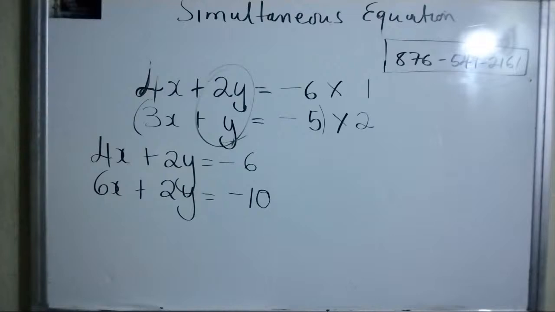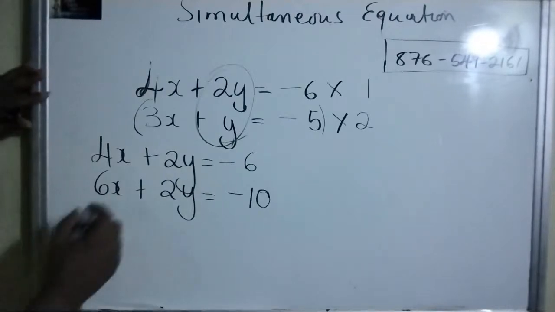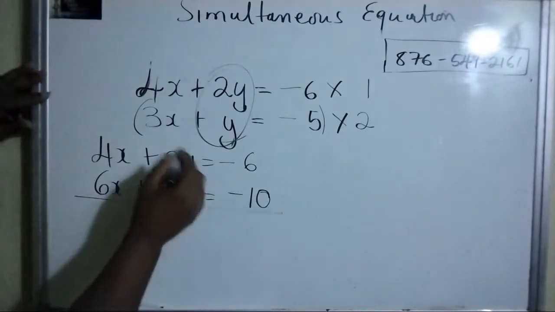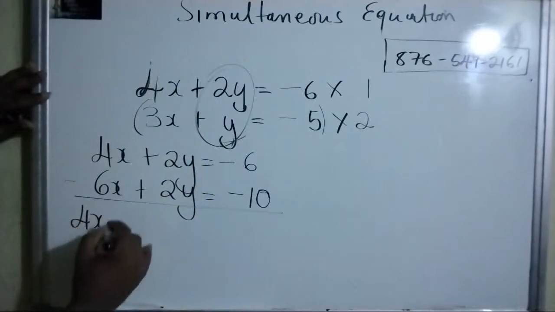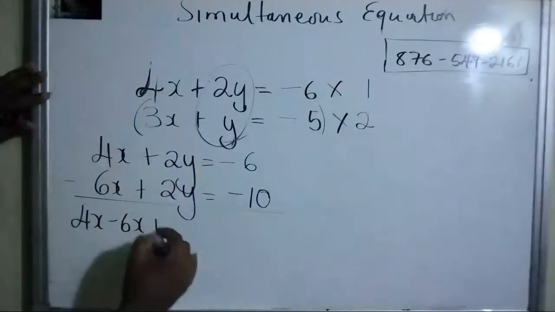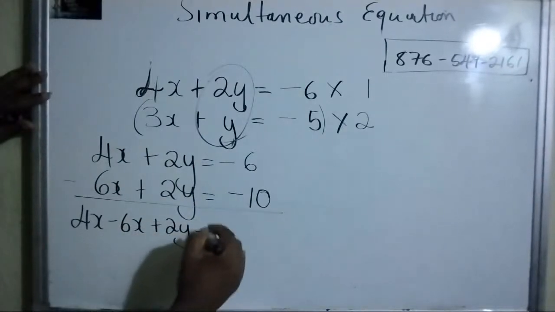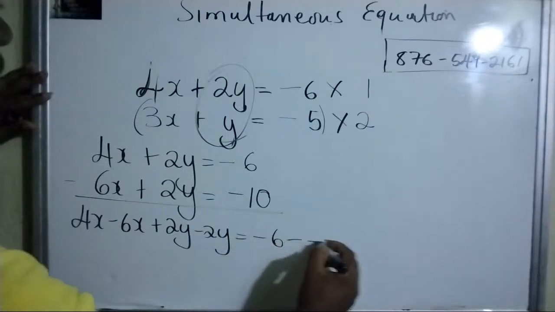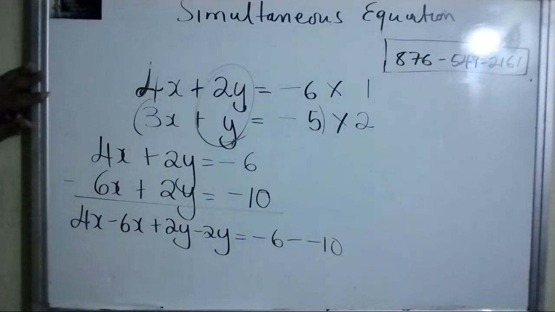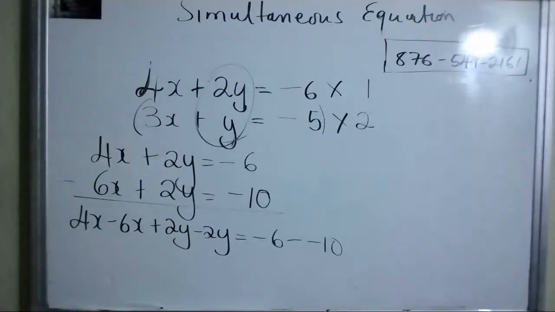And then now we can subtract, because these are the same. So we have 4x minus 6x plus 2y minus 2y is equal to minus 6 minus 10. These can be really tricky, guys. Always put the sign. Once you put it there, we can do the maths.